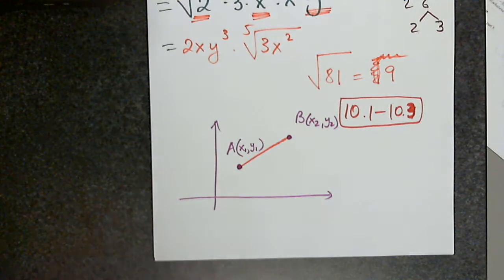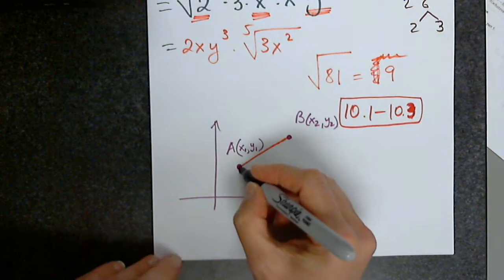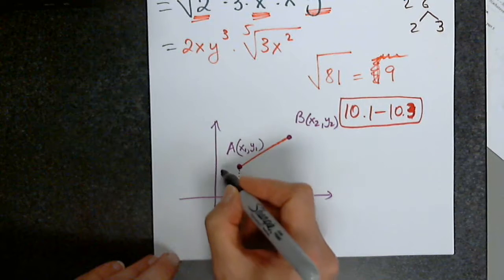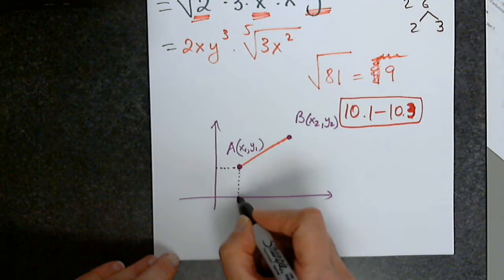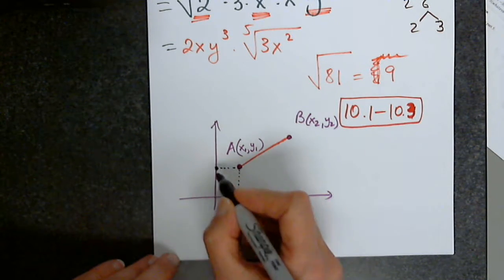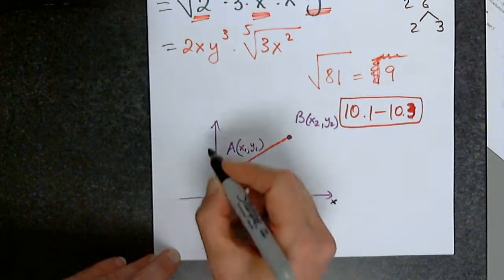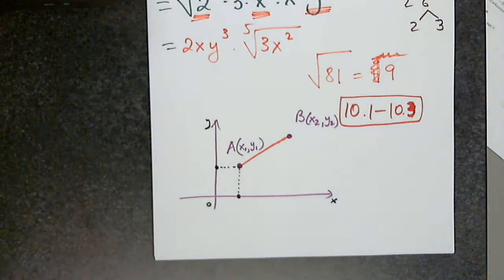Okay. Can anyone give us the coordinates of this and the coordinates of this? How much is this? And how much is this? And you cannot give me a number. You have to use what I have in here, in the figure. So what could this be? If this has x1, y1, how much is this?